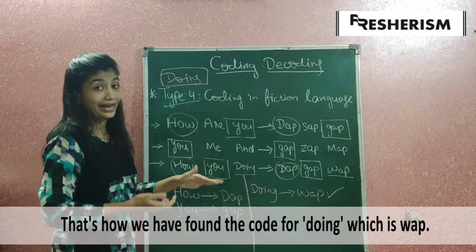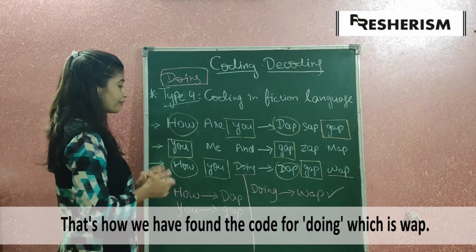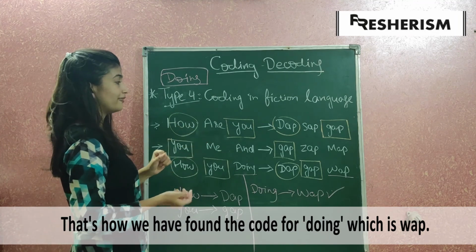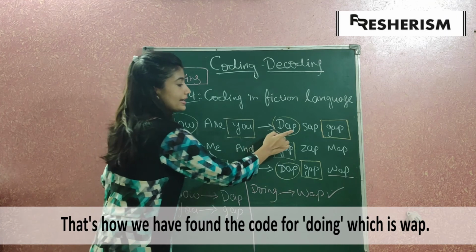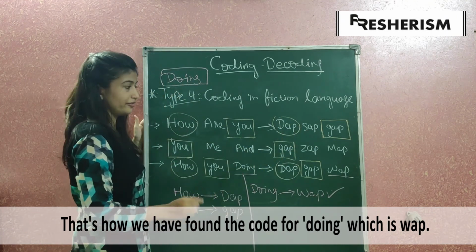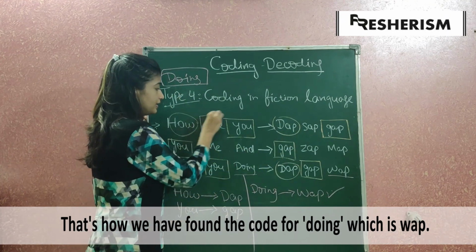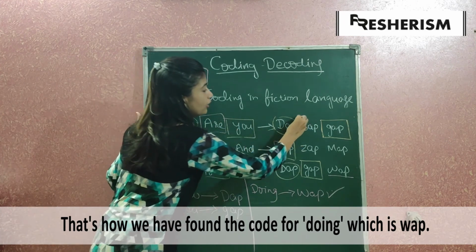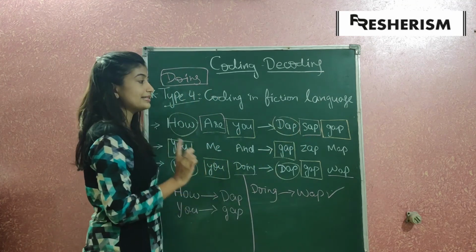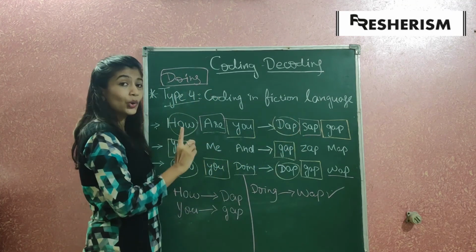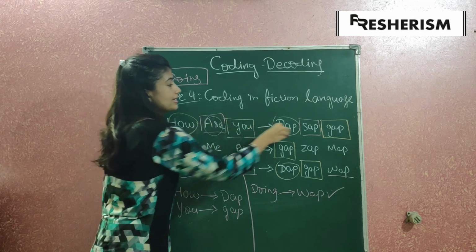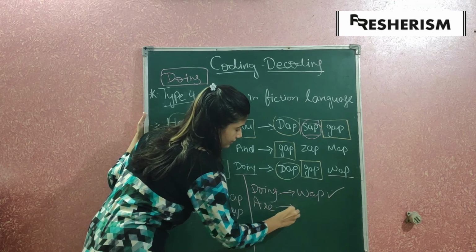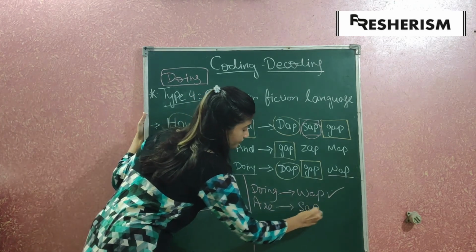Let's check if you can find another code for another word. So yes, we can find the code for are. Why? Because how and you are DAP and GAP respectively. So the only word in the first sentence is are and the only code in the first sentence is SAP, which shows that the code for are is SAP.